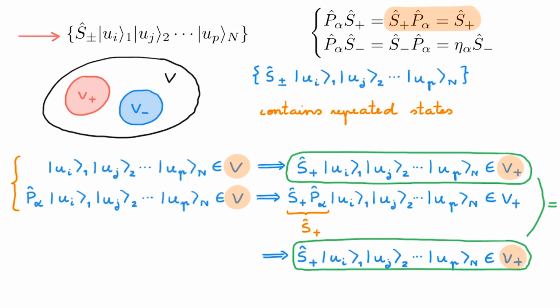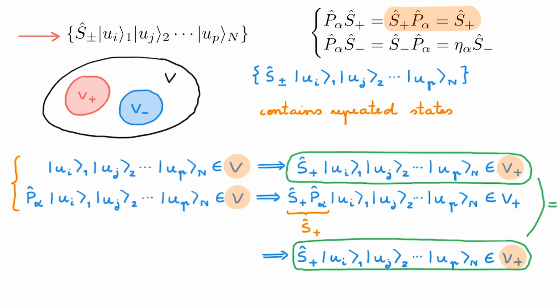We can of course make a similar argument about V-, and we reach the same conclusion up to a minus sign in the definition of the basis states. Put another way, any permutation of a basis state in V gives the same basis state in V+ or V-. This is the origin of the redundancy that we have in the bases for V plus and V minus when we build them by symmetrizing or antisymmetrizing a basis of V.